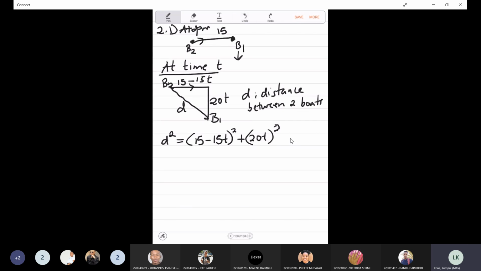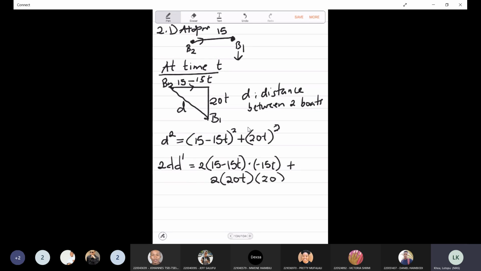So we differentiate. We have 2d times d prime. This is 2 times (15 minus 15t), and then we multiply by the derivative of the bracket, which is minus 15, and then the derivative of this one is 2 times 20t, and then times the derivative of 20t, which is 20.